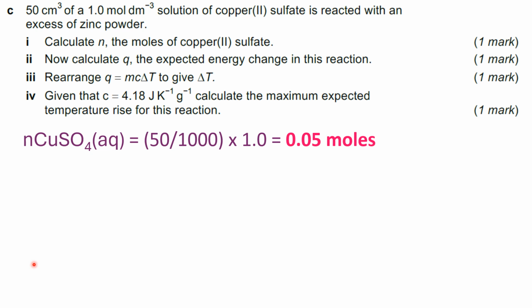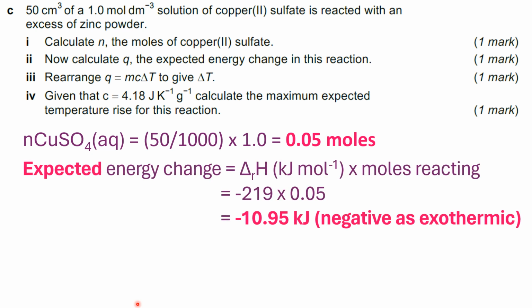So if you go back to the earlier part of the question, where it was minus 219 kilojoules per mole, this is 0.05 moles, so you just multiply the two together, and that gives you minus 10.95 kilojoules. Now, I'm saying minus 10.95 because it's energy being released, because it's an exothermic reaction like we saw before.